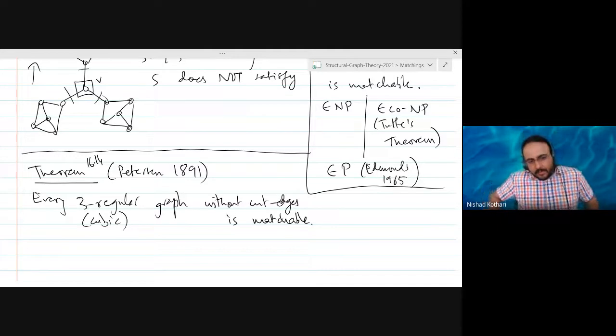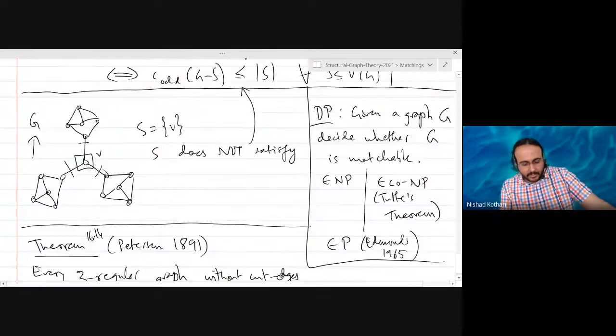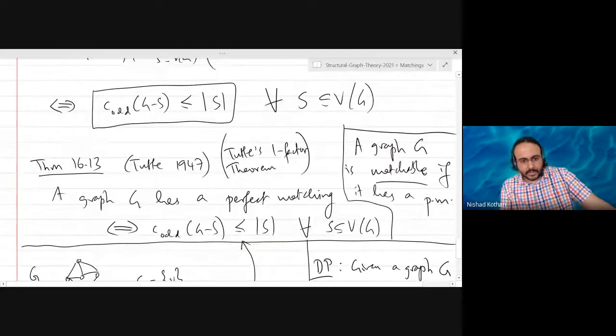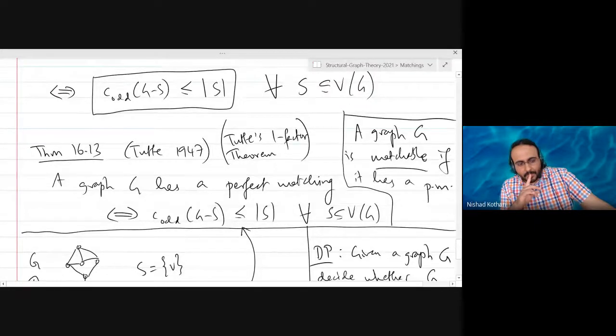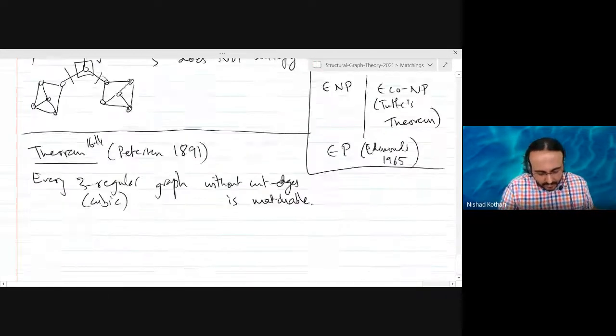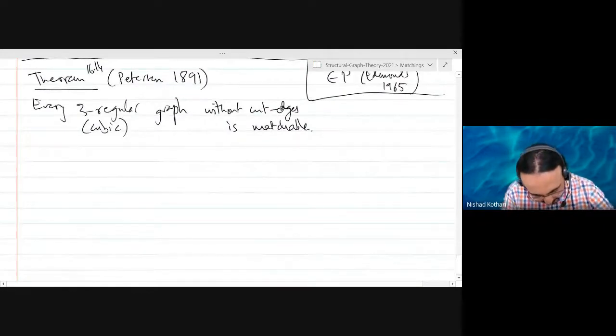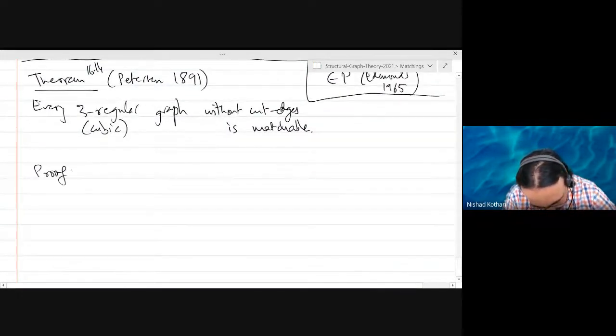I have not read it, and I don't know how many people these days would go and read it, because Tutte gave an alternative proof of this, which is a direct consequence of Tutte's theorem. And that was one of the motivations for Tutte to prove this result. So we'll see a proof of this today. I think we have enough time for this. This is due to Tutte.